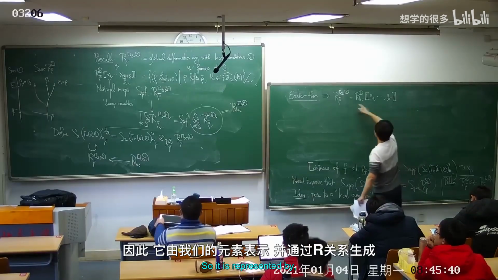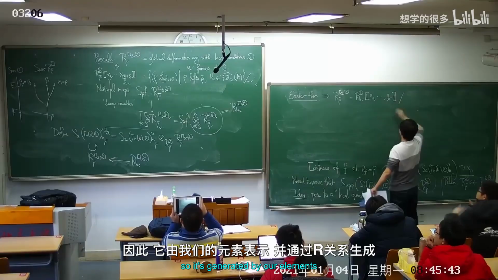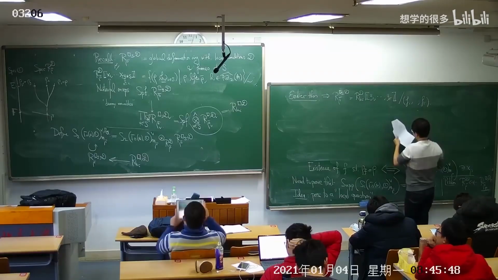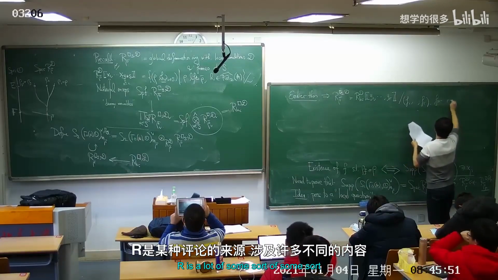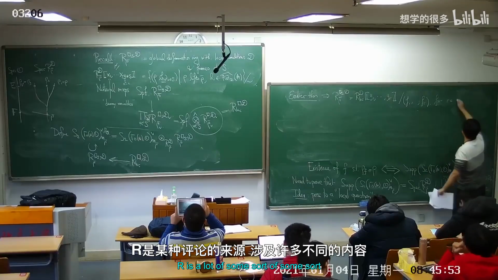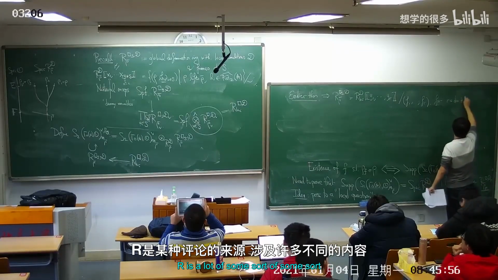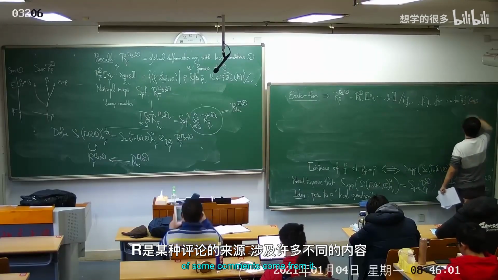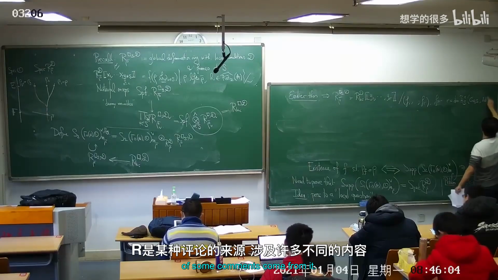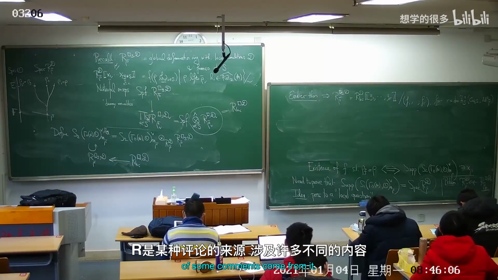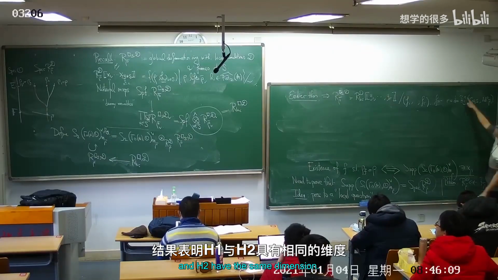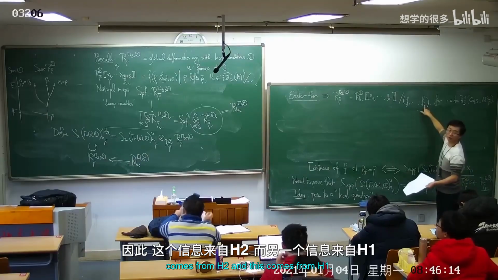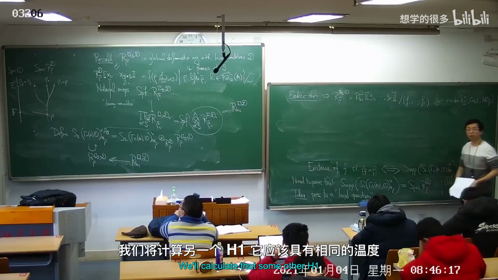So it's generated by R elements and quotiented out by R relations for some R. Some sort of complex component. And it turns out the H1 and H2 have the same dimension. So this comes from the H2, and this comes from H1. So we calculate that somehow the H1 and H2 have the same dimension.